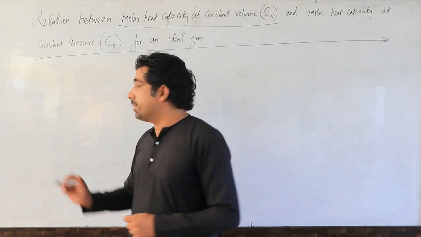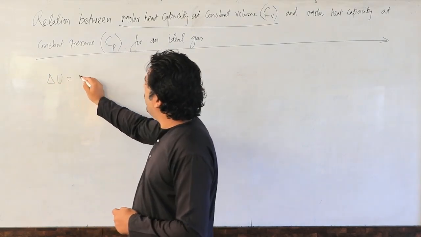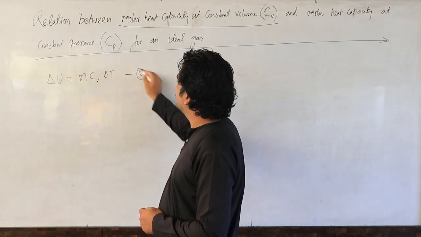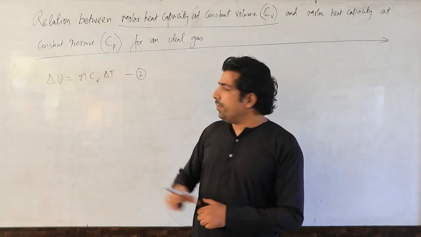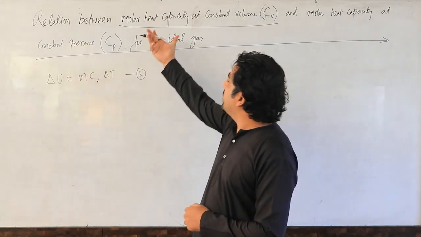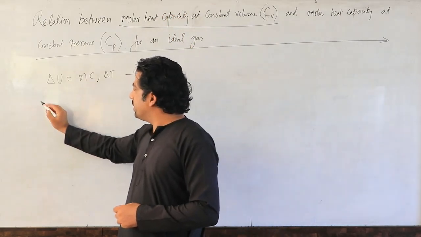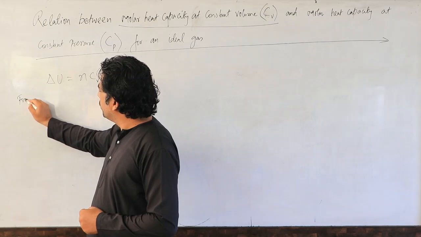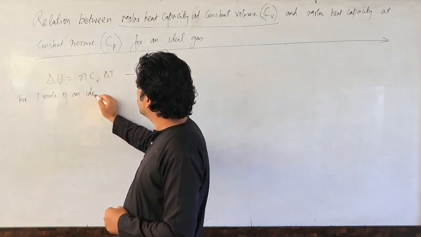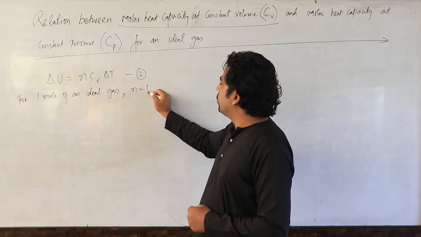So dear friends, we have derived this expression now. Delta U is equal to NCV delta T. Correct? So my dear friends, if this N is 1 mole of a gas, then obviously it is a molar heat capacity at constant volume. So for 1 mole of an ideal gas, N is equal to 1.